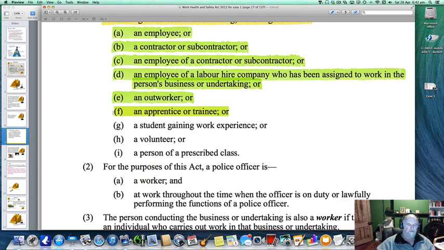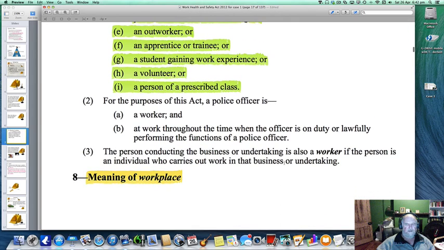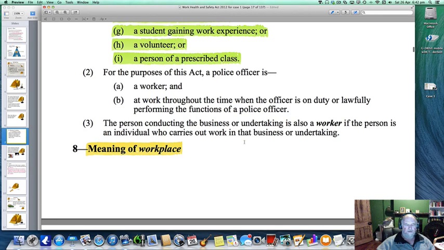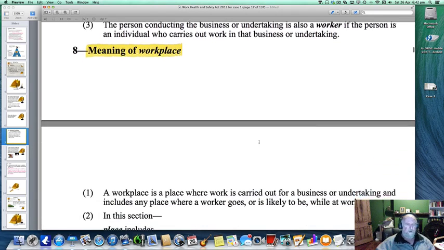An apprentice or a trainee. A student gaining work experience. A volunteer. A person of a prescribed class, which comes up later on. A police officer, well, we're not worried about them. A person conducting the business or undertaking is also a worker if the person is an individual who carries out work in that business or undertaking. Don't worry about that.